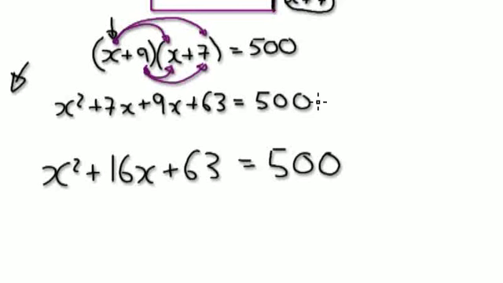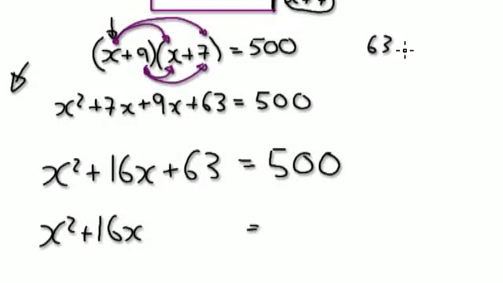Let's take away 500 from each side. So it becomes x squared plus 16x, and then 63 take away 500.